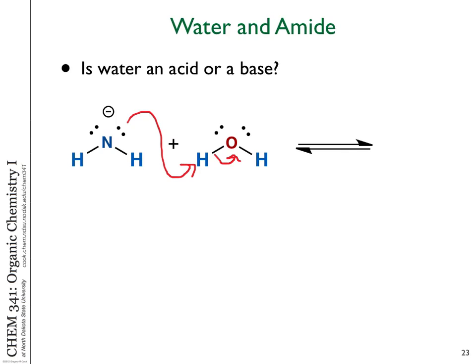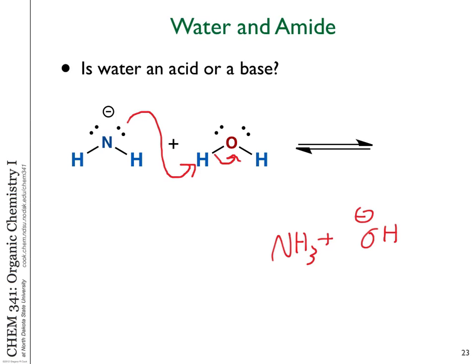Notice my reaction arrows? So that would form NH3 plus OH minus. Notice again on the left side of the reaction I have overall one negative charge, and on the right side I have overall one negative charge.